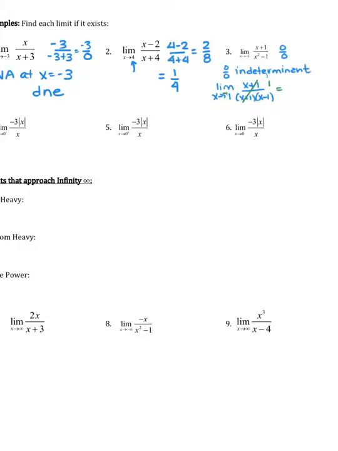There, that was a -1. So now I can go ahead and just plug in -1. So on top I have 1, on the bottom I have -1 minus 1, so I have 1 over -2, and that's going to be my limit. So if you get indeterminate, 0 over 0, you just have to keep going and find some other strategy to evaluate your limit.